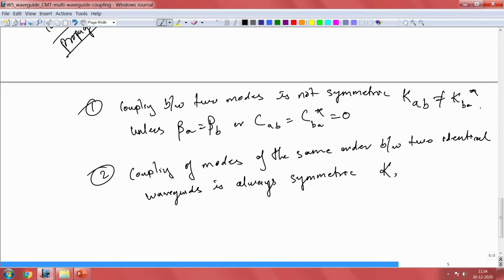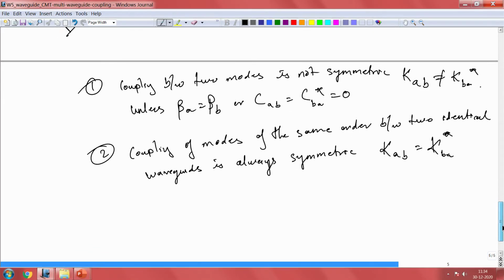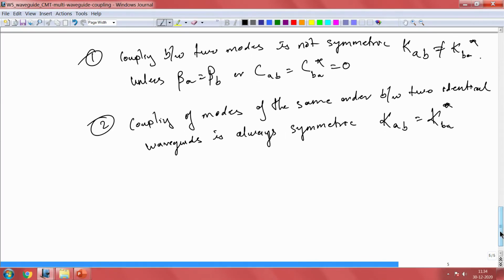So, that is kappa AB is equal to kappa BA star. So, when we are coupling between the same order between the two identical modes.